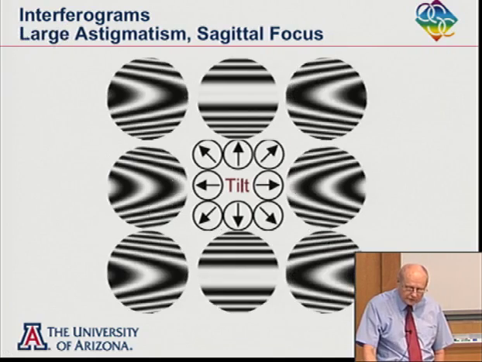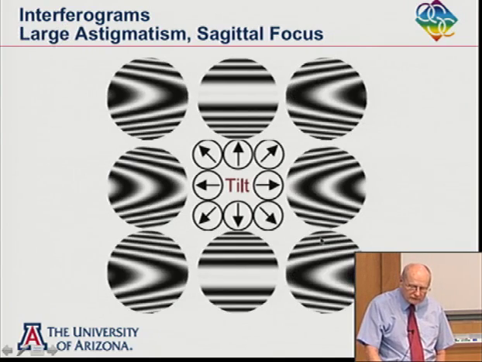Now we'll put in more astigmatism, and we get something like this. It's the same basic idea. So here fringes are straight, but not equally spaced. And here, maybe it's a little hard to tell, but they're actually equally spaced along here, but certainly not straight. This was tilt in this direction, and this is tilt in this direction.